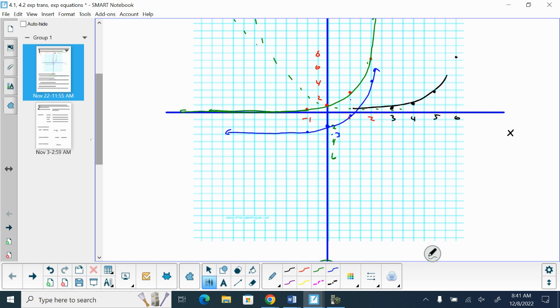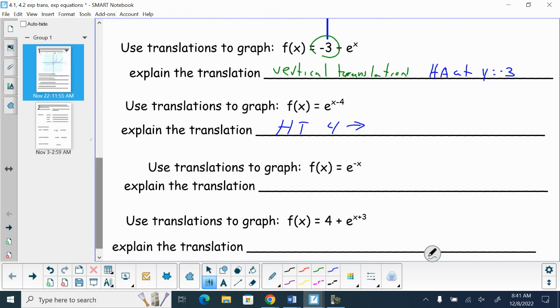We would still have the y-axis as our horizontal asymptote, but we would just have everything 4 units to the right. So once again, this is how we can look at the idea of translations to help us out. Well, what would happen if we have e to the negative x?